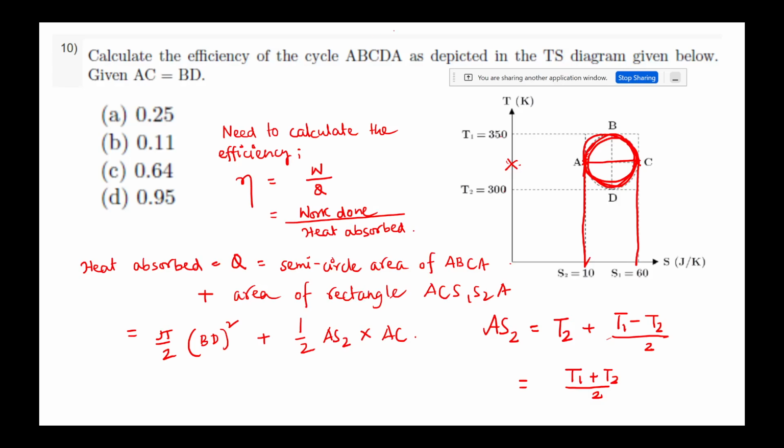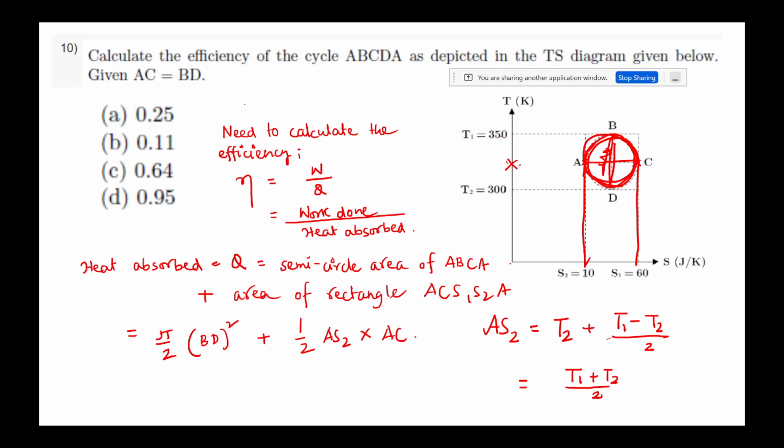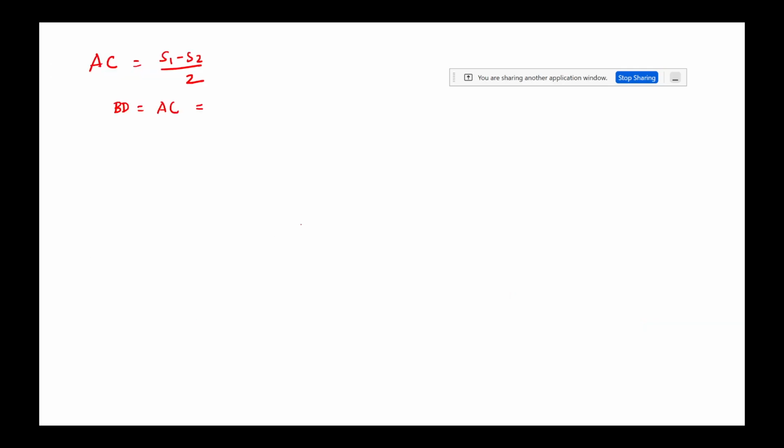And what is BD? BD is this one, and BD is AC as similar. So BD equals AC by 2. So pi by 2 times BD by 2, so this will be S1 minus S2 by 2, or T1 minus T2 by 2.